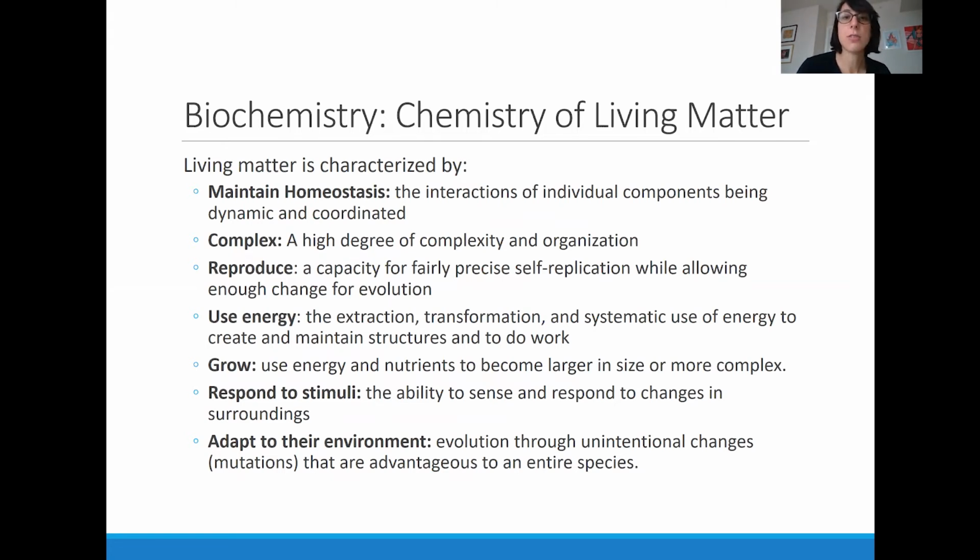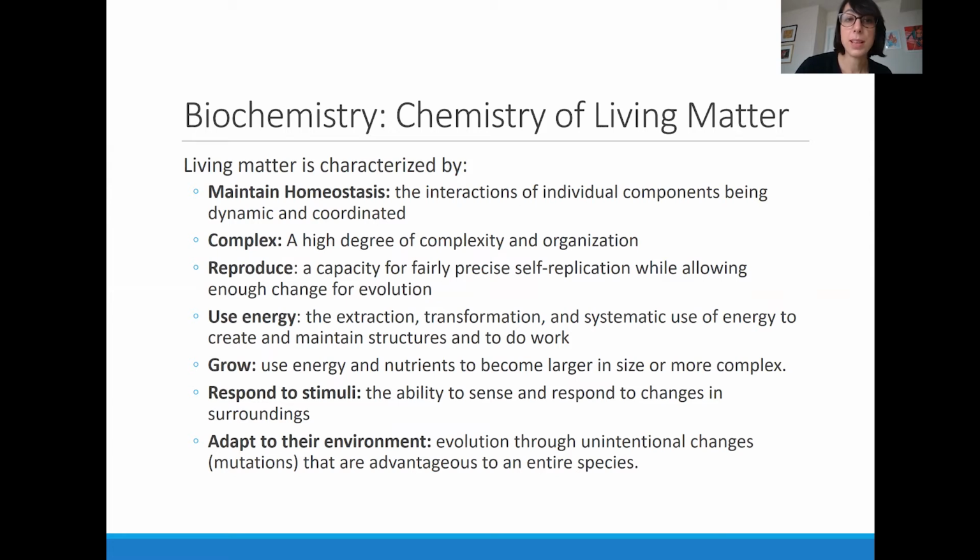Biochemistry is just generally the chemistry of living matter, and living matter is characterized. We actually have kind of a checkoff sheet of what we consider living matter. And the things that have to pass for something to be alive, to be living matter, is it has to maintain homeostasis, meaning the interactions of individual components have to be dynamic and coordinated.